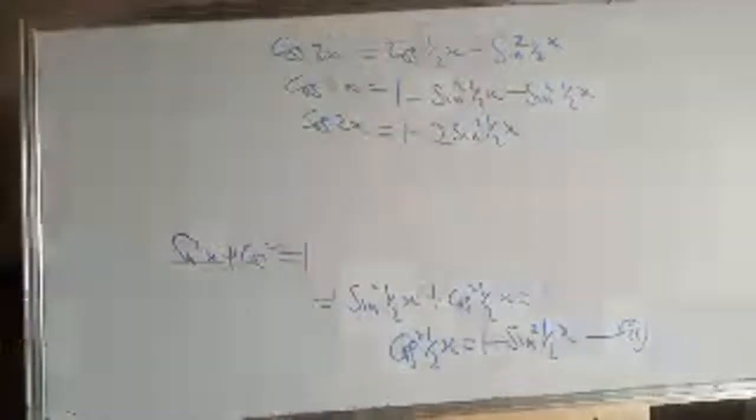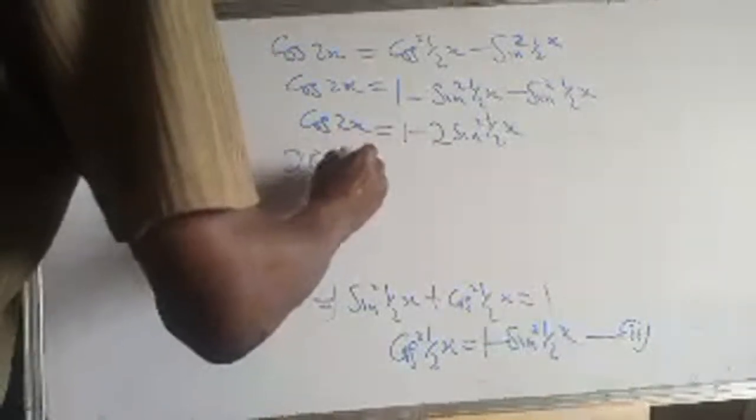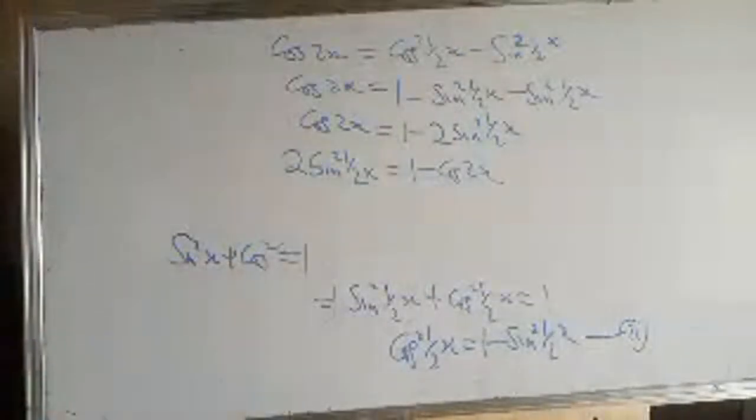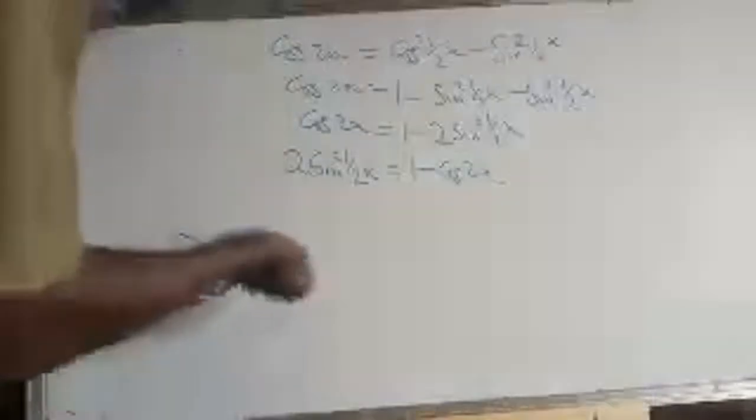Now let's make sine square half x the subject of the formula. So the minus comes here and becomes 2 sine square half x equals 1 minus cos 2x. I hope you are following. Please, let me see your comments. Are you getting it? Hope you are not confused.